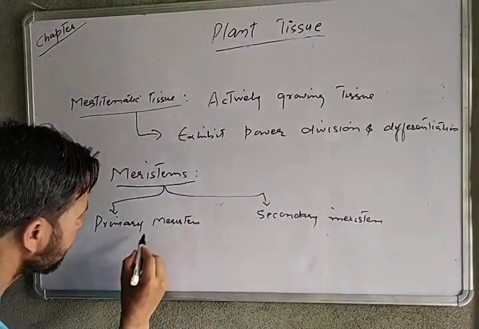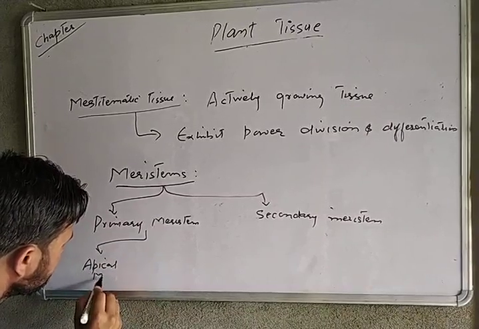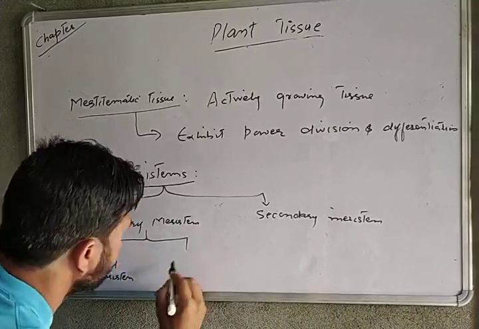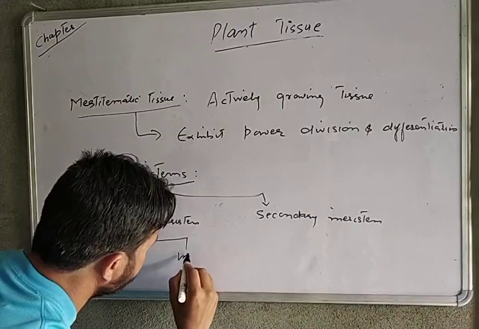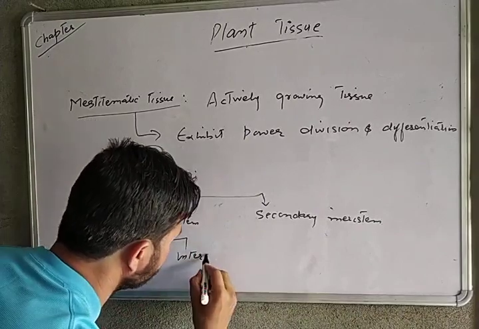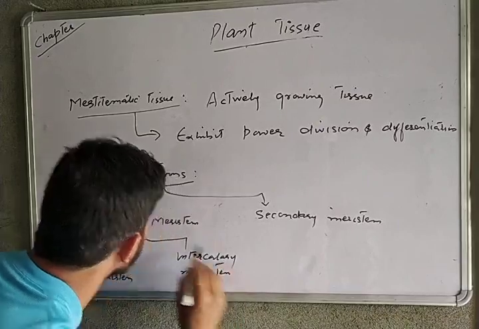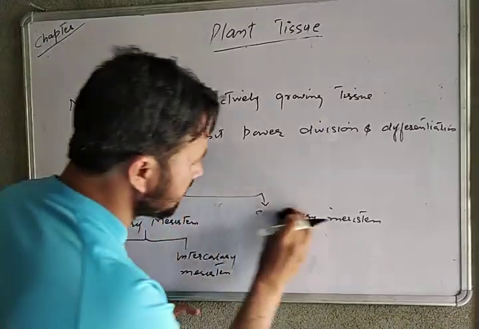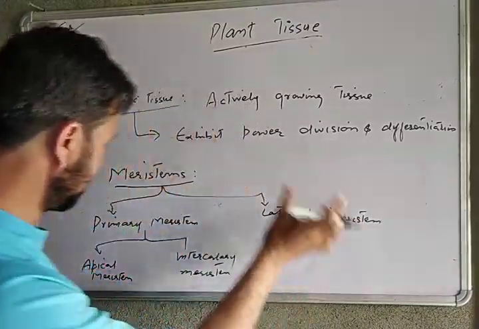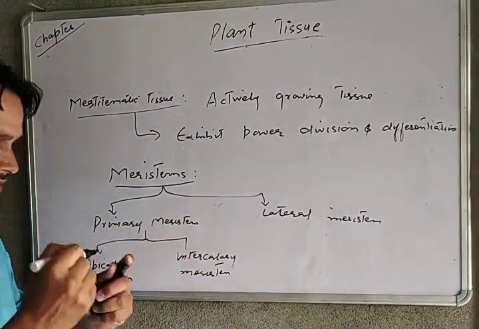This primary meristem is further divided into apical meristem and intercalary meristem.